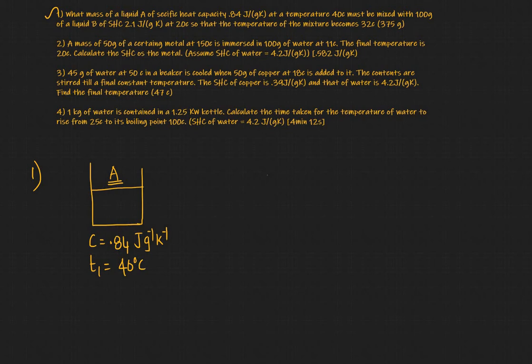It must be mixed with 100 gram liquid. We don't know the mass of A, so let's call it MA. The other liquid is 100 grams, of specific heat capacity C equal to 2.1 joules per gram per Kelvin, at 20 degrees Celsius.